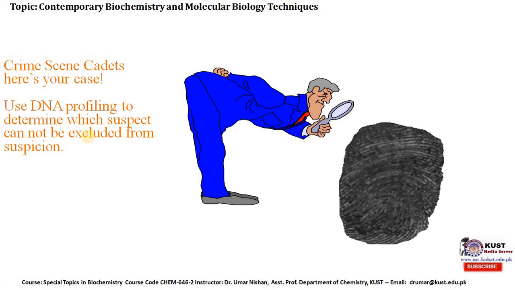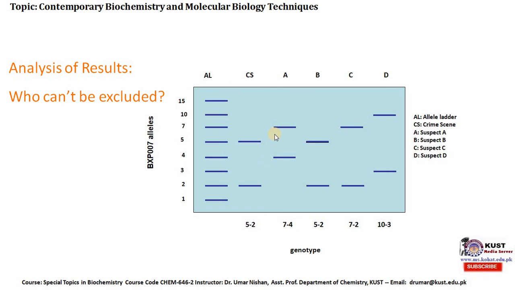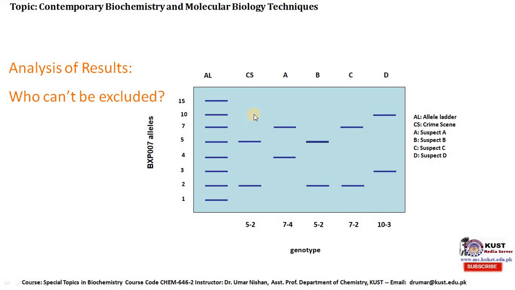Now, once these different samples are collected from the crime scene, as you know, every crime has possible suspects. So what we do is we isolate the genome from these samples, do the PCR, and run it on the gel.